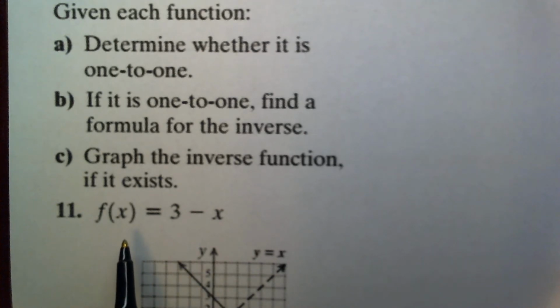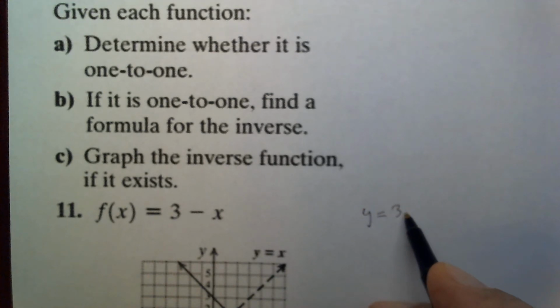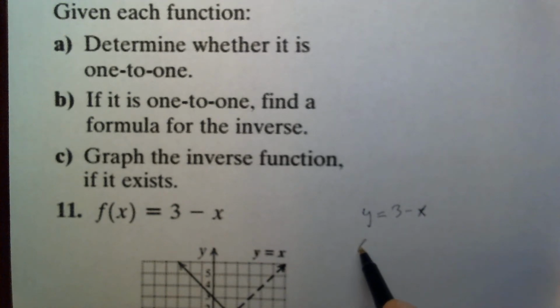So for exercise number 11, f of x equals 3 minus x. To find the inverse, we replace f of x with y. So y equals 3 minus x. Now we exchange x and y. So x equals 3 minus y. And we solve this formula for y. So y is equal to 3 minus x.